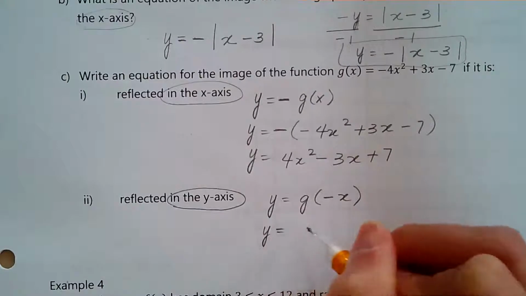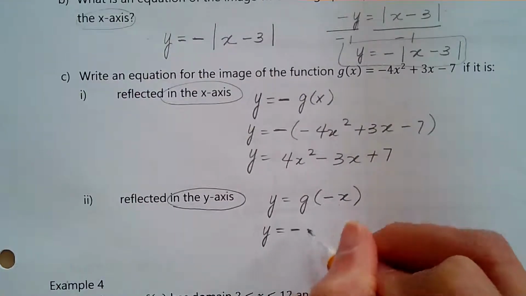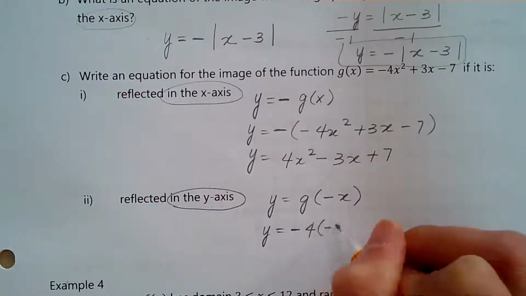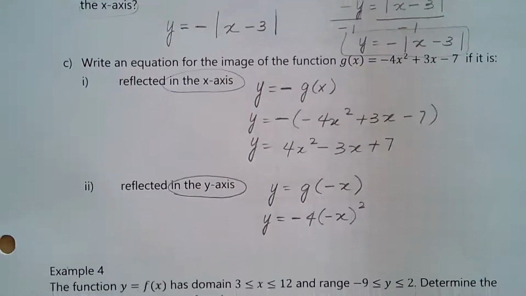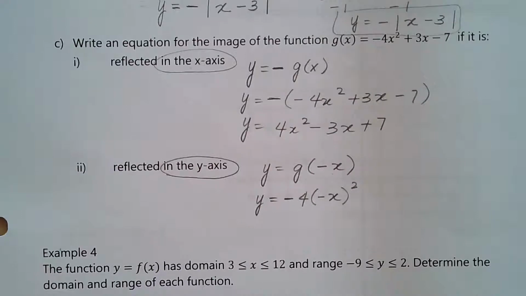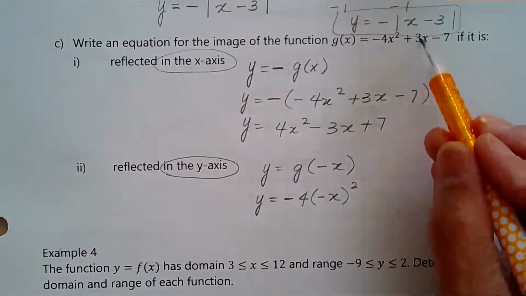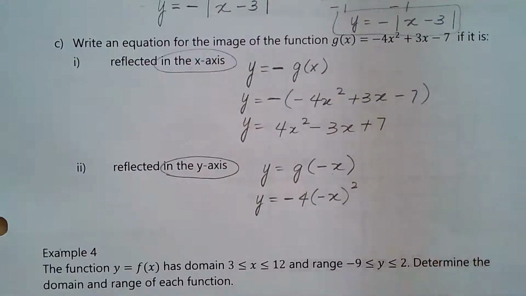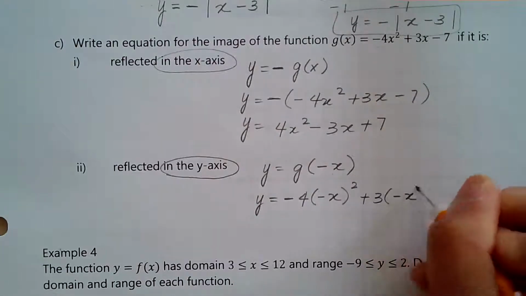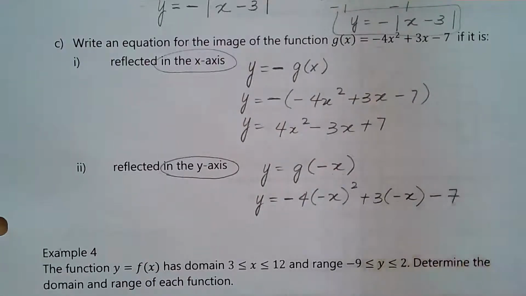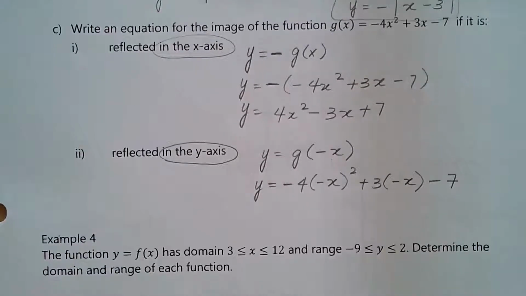Y equals negative 4 times negative x squared, plus 3 times negative x, minus 7. We're substituting negative x wherever we found the x. Okay, so far so good. Simplify this thing.